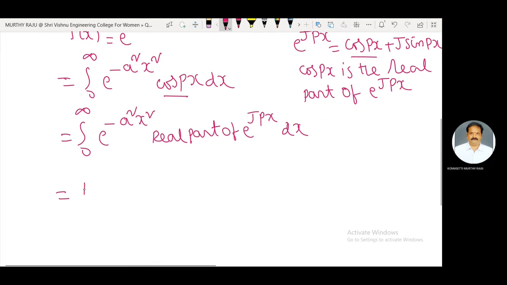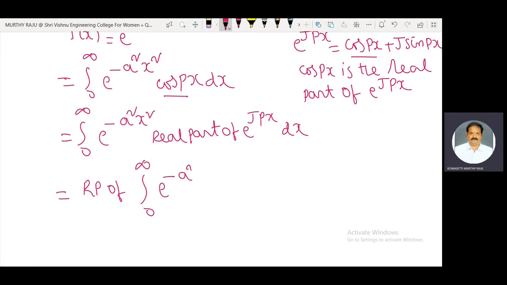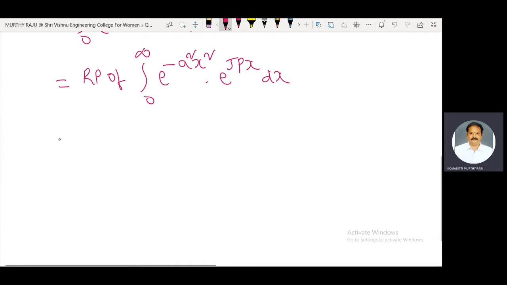Here, real part of integral 0 to infinity e power minus a square x square into e power j px dx. That is equal to the real part of 0 to infinity e power minus a square x square plus j px dx.